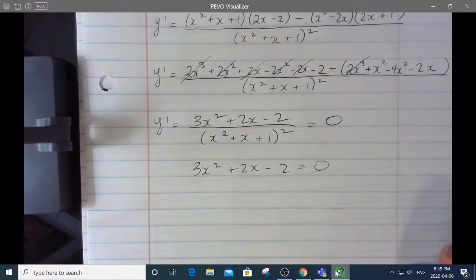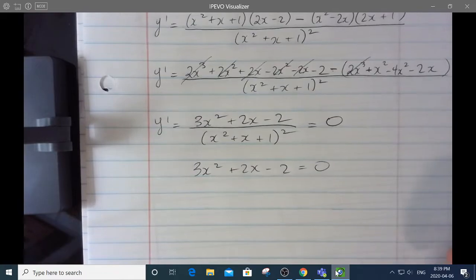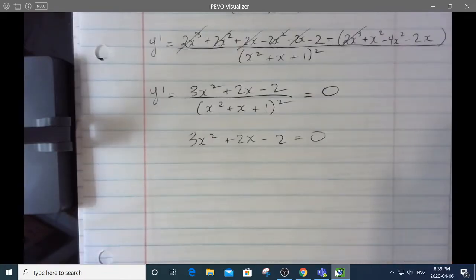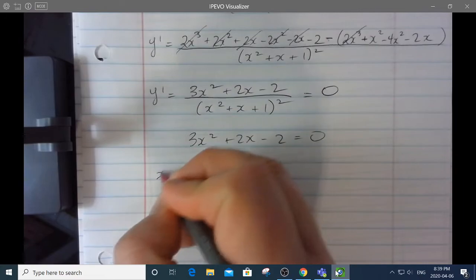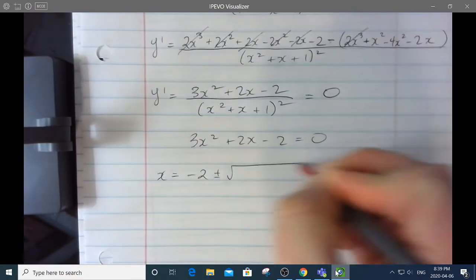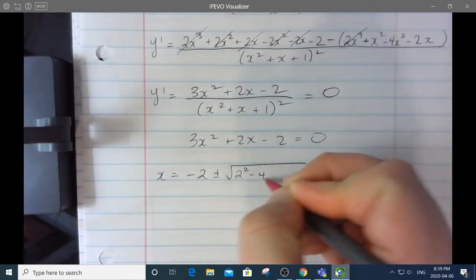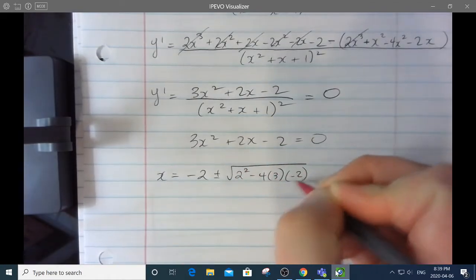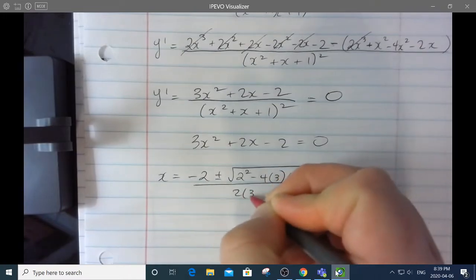There are not two numbers that multiply to make -6 and add to make 2 in the land of whole numbers or integers. So I am going to break out the good old quadratic formula. That's minus b plus or minus the square root of b squared minus 4ac all over 2a.